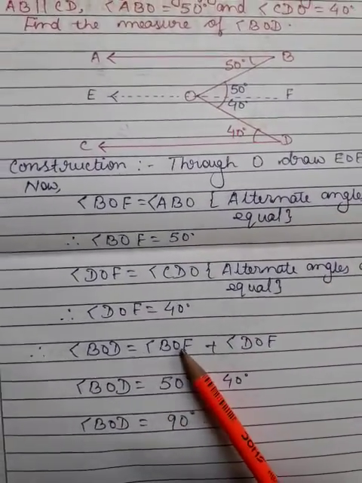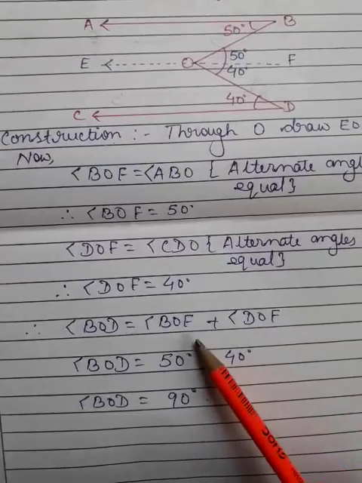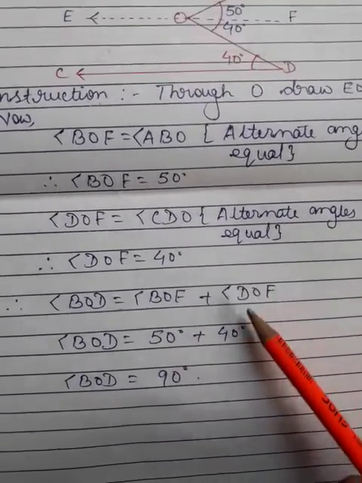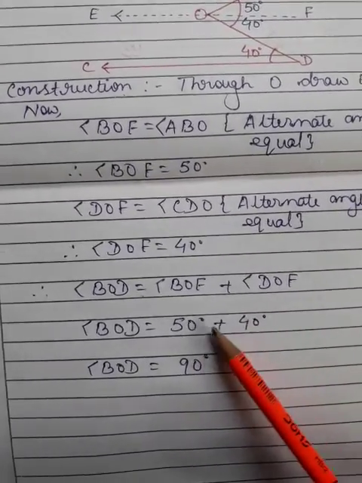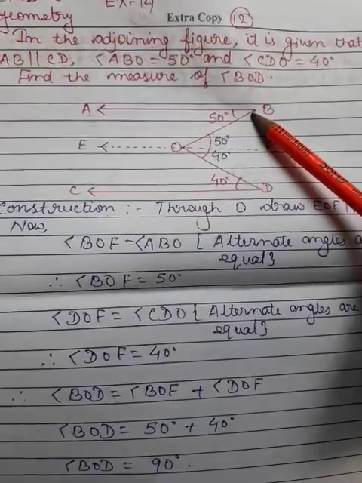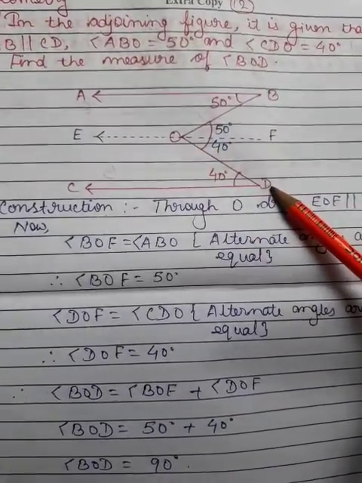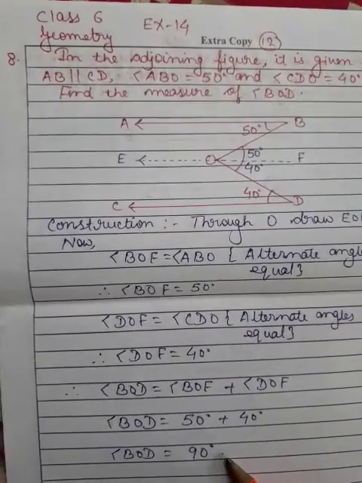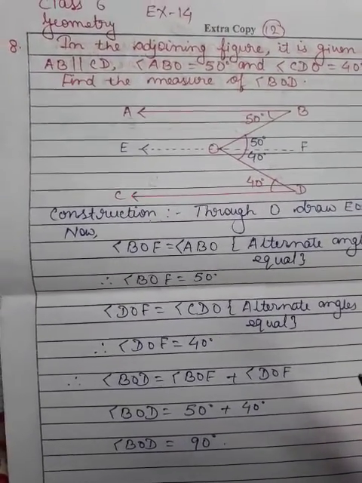Angle BOF value we got 50 degree and DOF value we got 40 degree. So angle BOD equals 50 plus 40, that is equal to 90 degree. So this is all about question number 8.